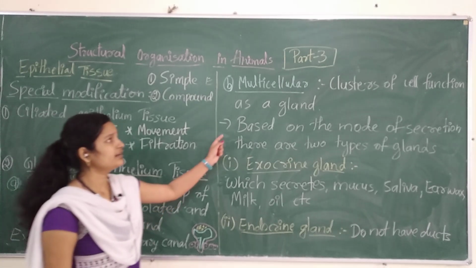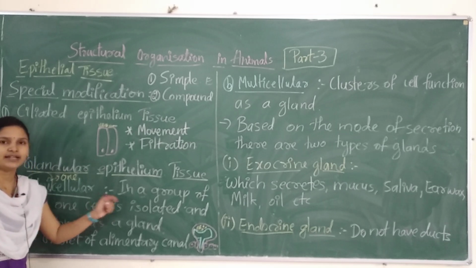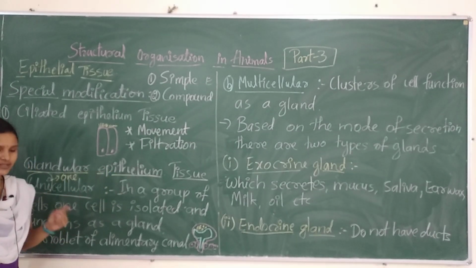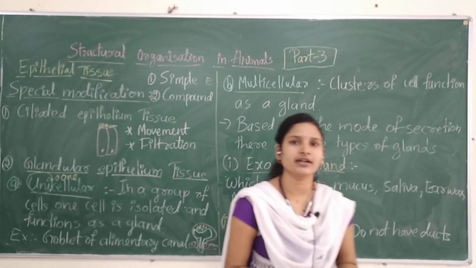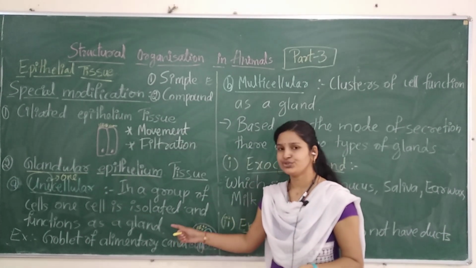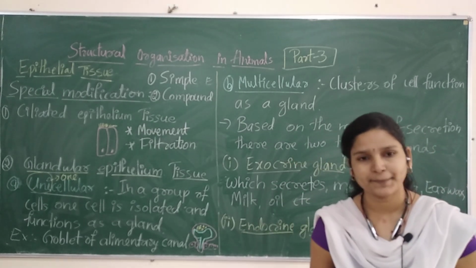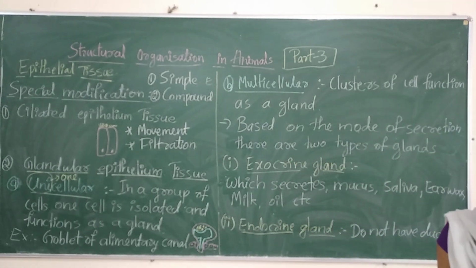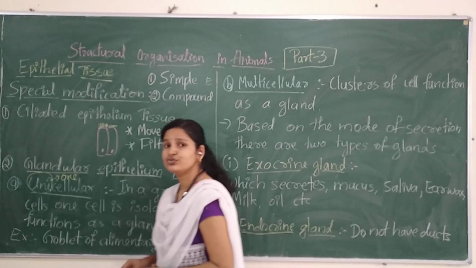So we will move further. Next type in the glandular epithelial tissue is multicellular. So tell me, what exactly do you mean by multicellular? I have explained about unicellular. So do you have any idea about multicellular? Understanding or no, students?